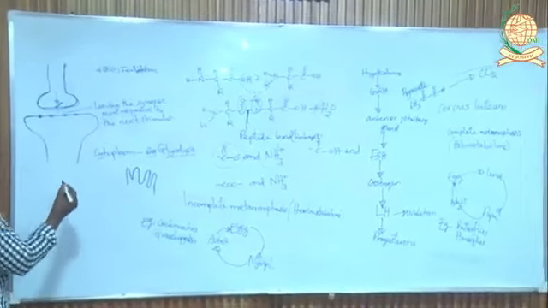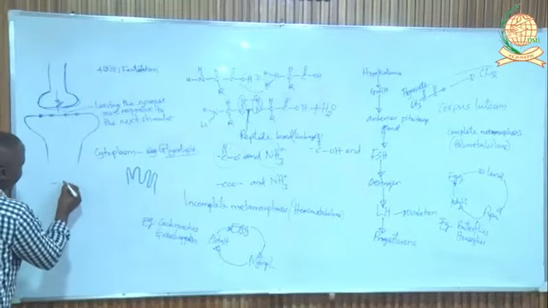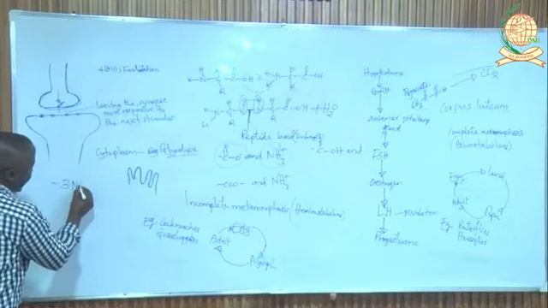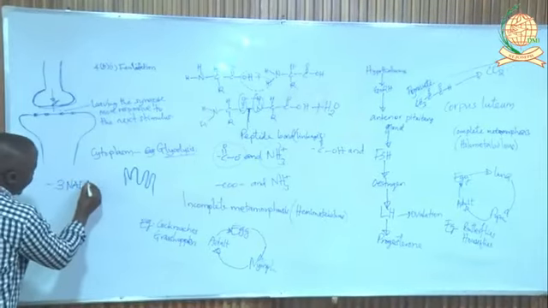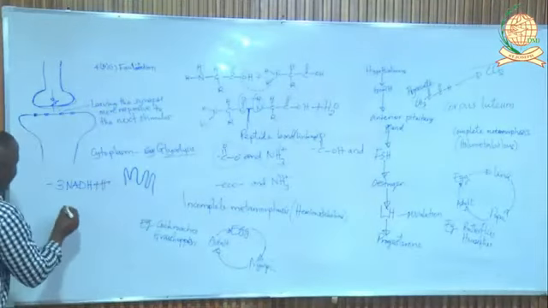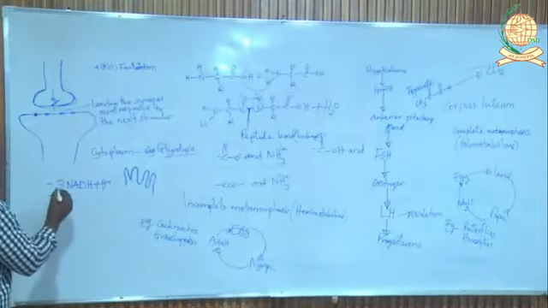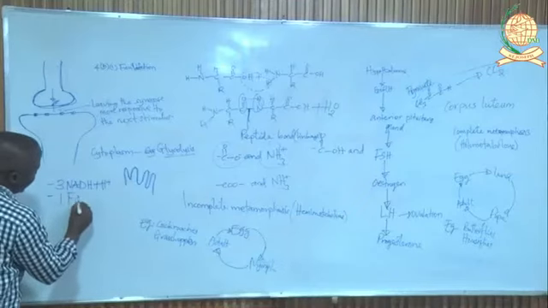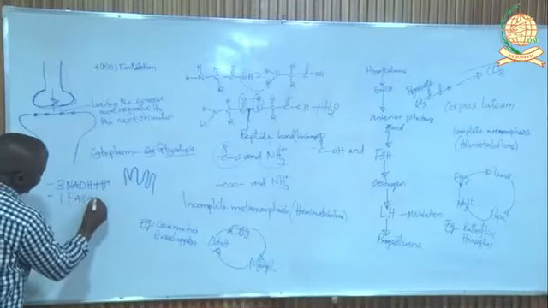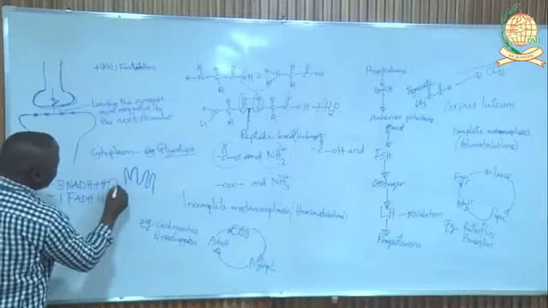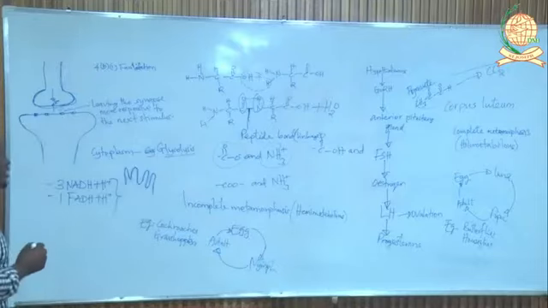For example, 1 turn of the Krebs cycle produces 3 reduced NAD, NADH plus H positive, but also it produces 1 FADH plus H positive. This is per 1 turn, per 1 cycle.